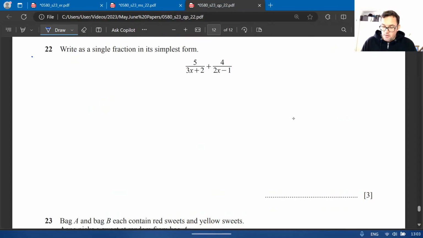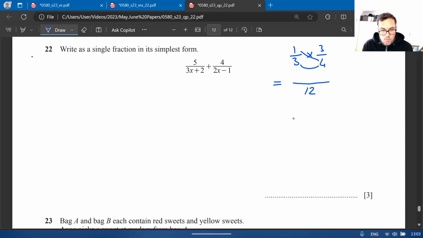Question 22. This paper has become a lot of fun. They want us to add 2 algebraic fractions. So remember the basics of adding algebraic fractions. If you're going to add, let's say, 2 fractions together, one method is the smiley face method. You multiply the 2 denominators together to get the common denominator.